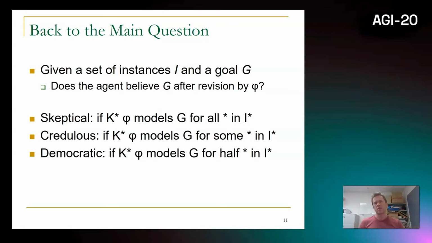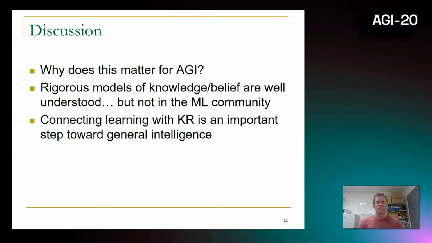We could give a skeptical answer where we say, well, they will believe G if they actually believe G every time we test the revision with one of the revision operators in I star. Or we could do credulous reasoning. We say as long as it holds for some revision operator. Or we could do some sort of democratic variation. But the idea is what we now have is a method to go from instances of past revision to here are the possible new belief revision operators that we could use.